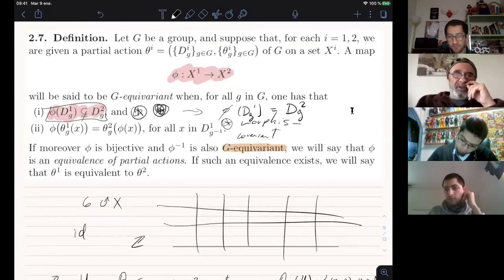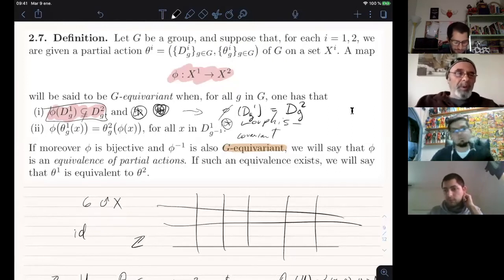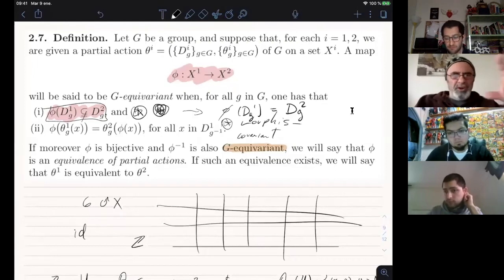And on the other hand, you can see that this isomorphism problem for partial actions is quite exigent. The counterexample of Diego can be generalized a lot. Each time that phi is not dilating something, if it is the identity, then you will need the domains to be the same, to correspond exactly.